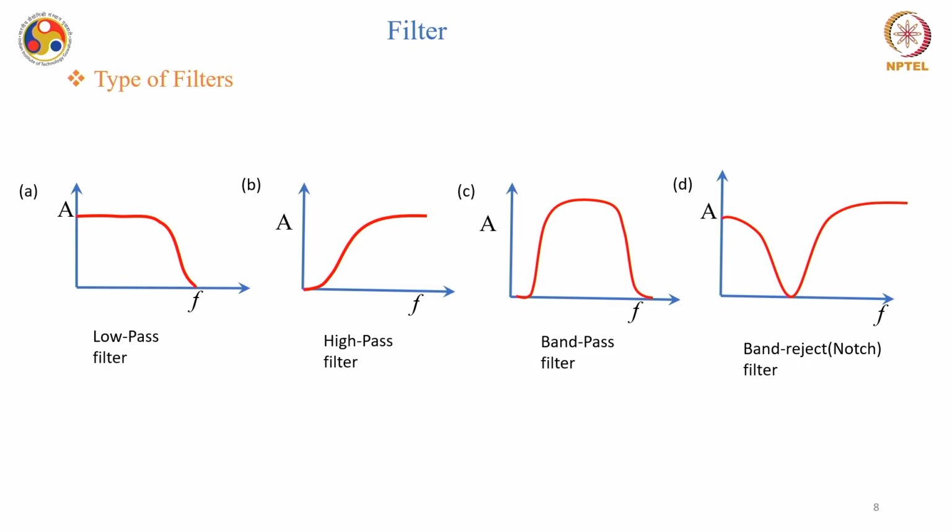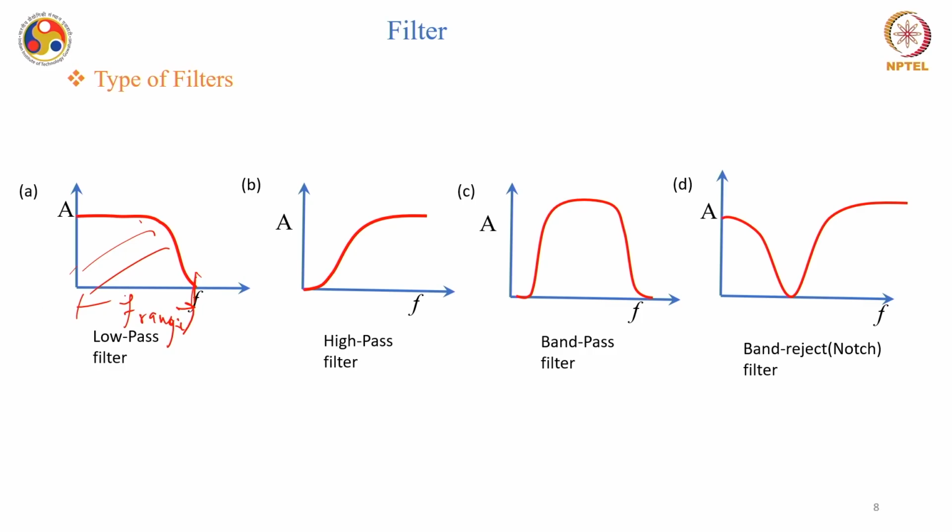So, this is a typical characteristic of a low pass filter. You can see that this is the frequency range that you want your filter to pass. So, this is a low pass filter; it is passing frequencies in the lower region.